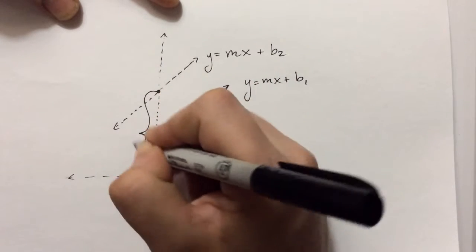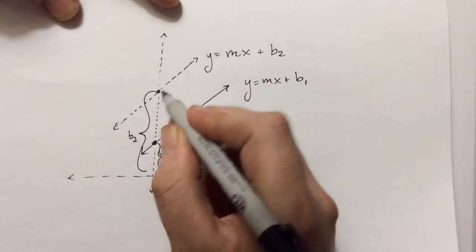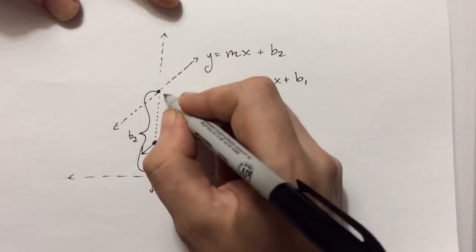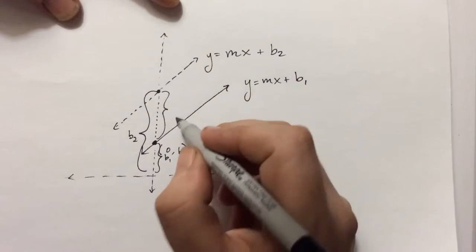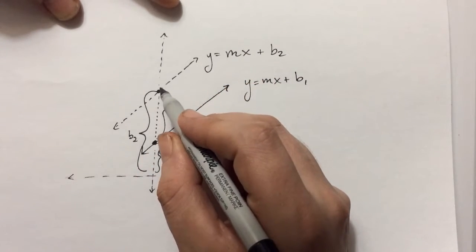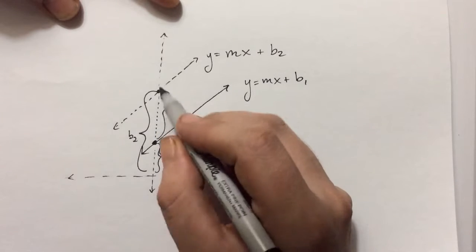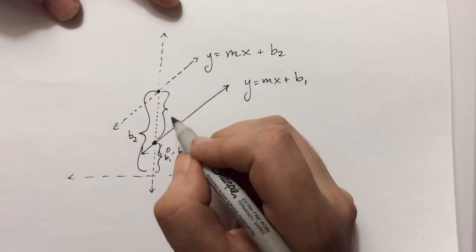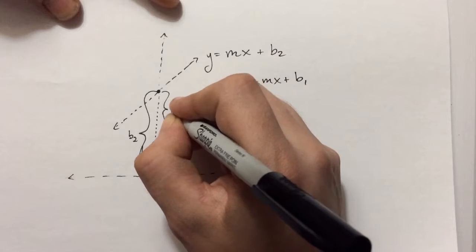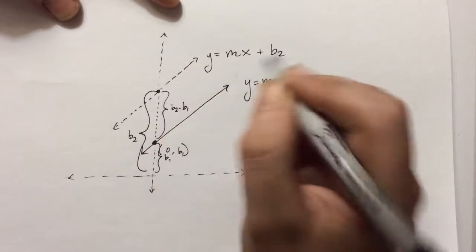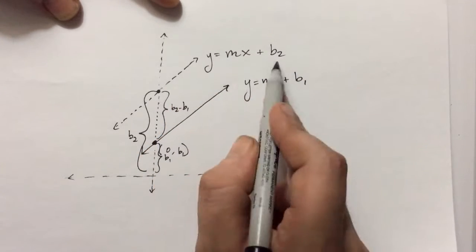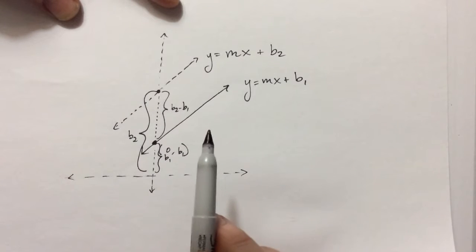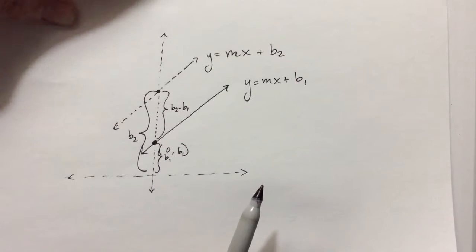Here's the length b2, it's the y-intercept of my second line, and the distance between those two lines, actually let's say the length of the segment on the y-axis between those two lines would just be b2 minus b1, assuming that the parallel line is above the original line.